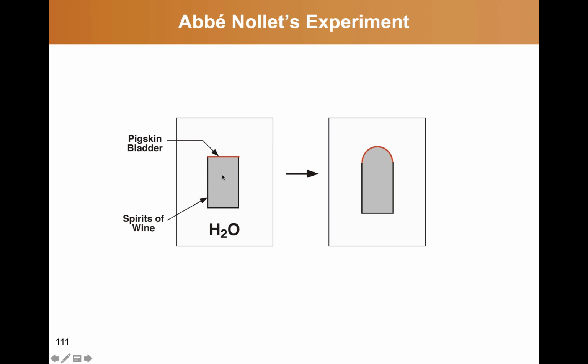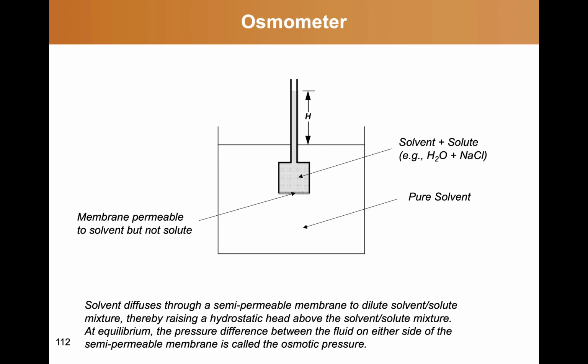And because the water concentration inside this vessel is lower than it is outside, and the membrane is more permeable to water than alcohol, there is a driving force that can be expressed in terms of an osmotic driving force for water to permeate into this chamber. And the Abbé Nollet saw his pigskin membrane stretched to the point of bursting.